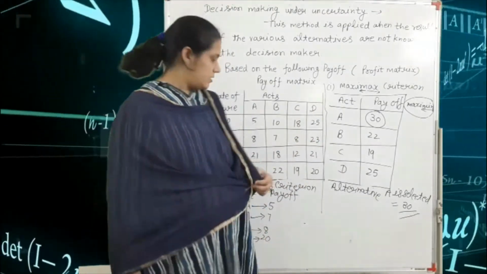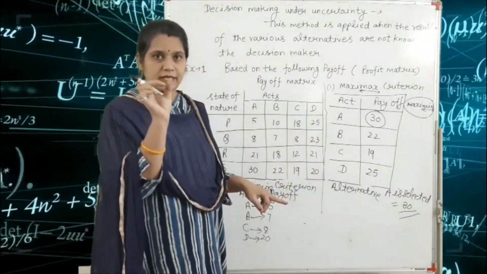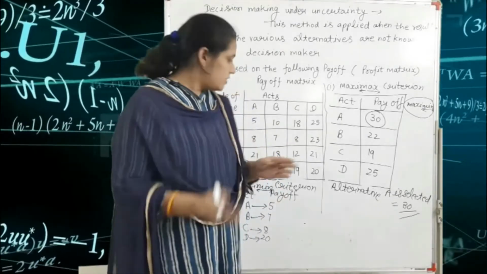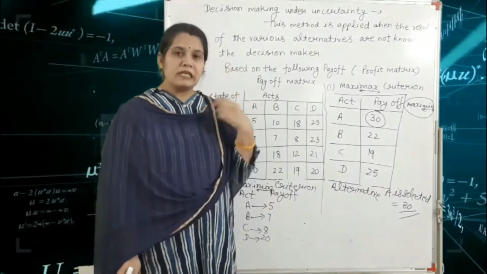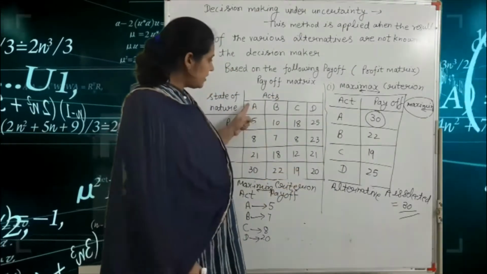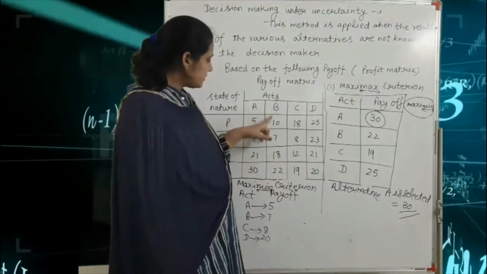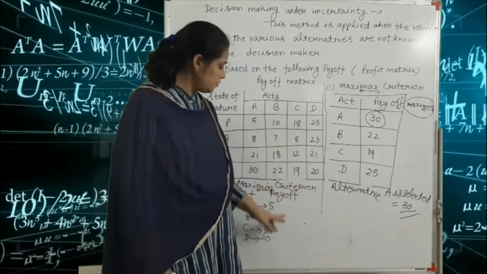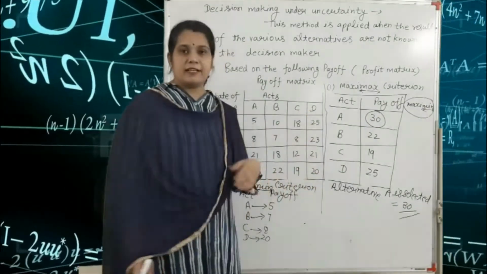That means first we choose the backward, starting from the back side. So here we write the minimum word, that means we choose the minimum value according to each alternative. In A the minimum value is 5, B is 7, C is 8 and D is 20.